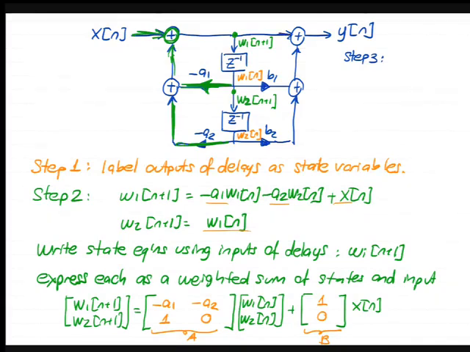So this one, which itself is the addition of these 2 things, right? So y of n is B1 W1 of n, right? That takes care of this. And then B2 W2 of n, that takes care of that.